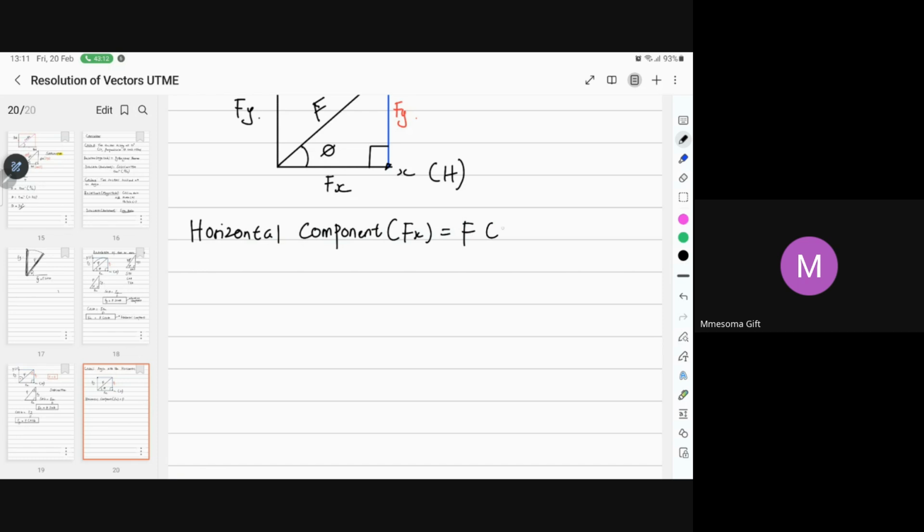F cos theta, right? Did you see that? Then the next one is the vertical component when the angle is with the horizontal. The vertical component, Fy, is equal to F sin theta.